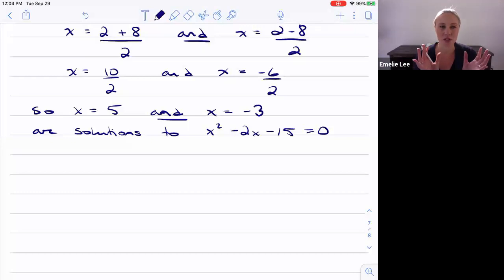These are solutions, right? So we can check this, and we're not going to keep checking everything that we do, but I want to show you that you have the tools to be able to check your answers. So if I plug in x equals 5 here, it should equal 0. And same thing, if I plug in x equals negative 3, it should equal 0.